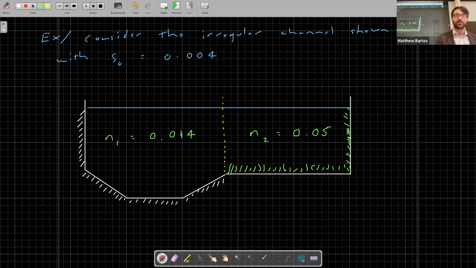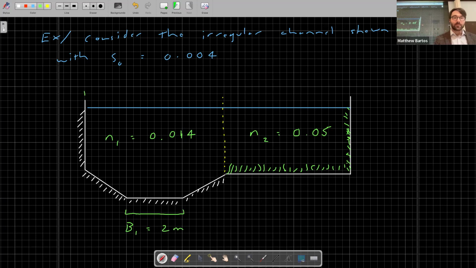Let me give you the dimensions of the different parts of this channel. For this trapezoidal section, this bottom width here I'm going to call B1, and this is equal to 2 meters.